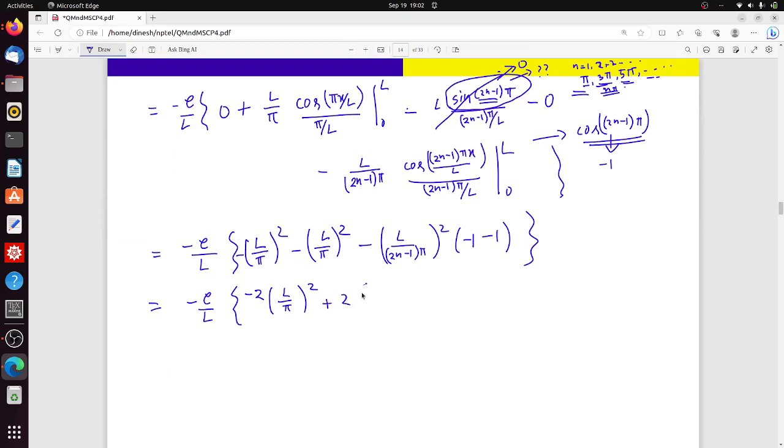So this is 2 L over 2n minus 1 pi whole square. So this much you got.